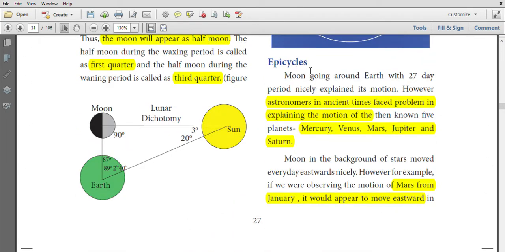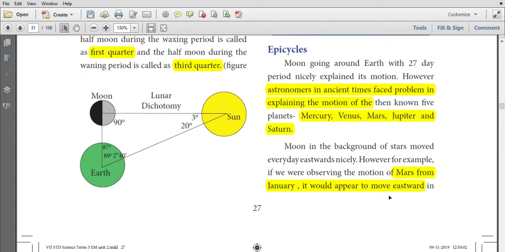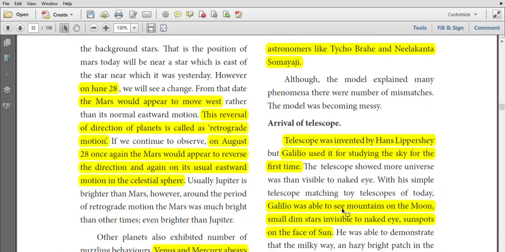Epicycle. Astronomers in ancient times faced a problem in explaining the motion of Mercury, Venus, Mars, Jupiter and Saturn. From January, Mars would appear to move eastward. On June 28, Mars would appear to move west.